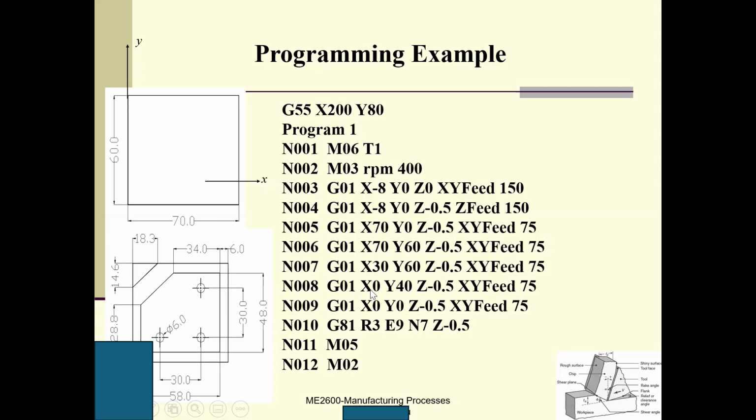Then X0, Y40, right? X0, Y40, X0, this is X0, X0, Y0, X0.